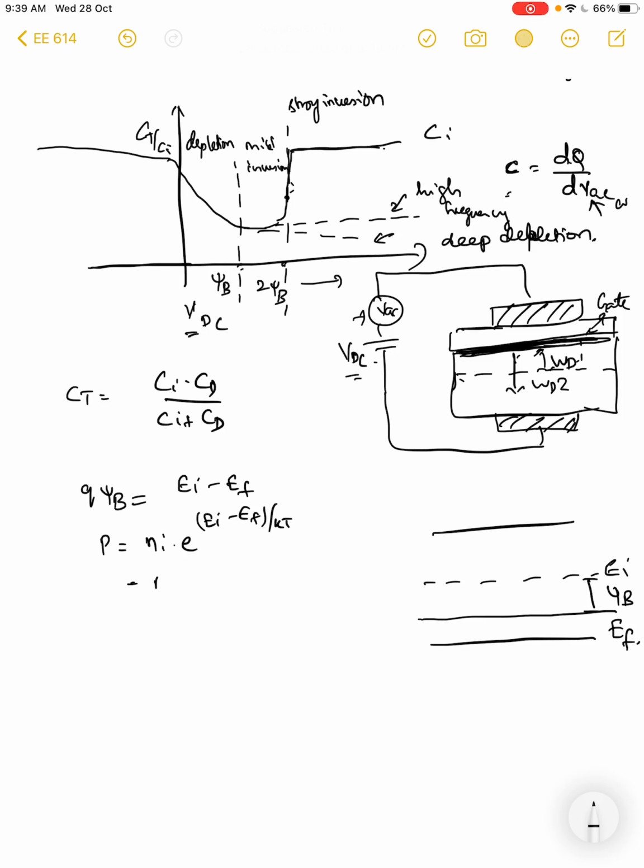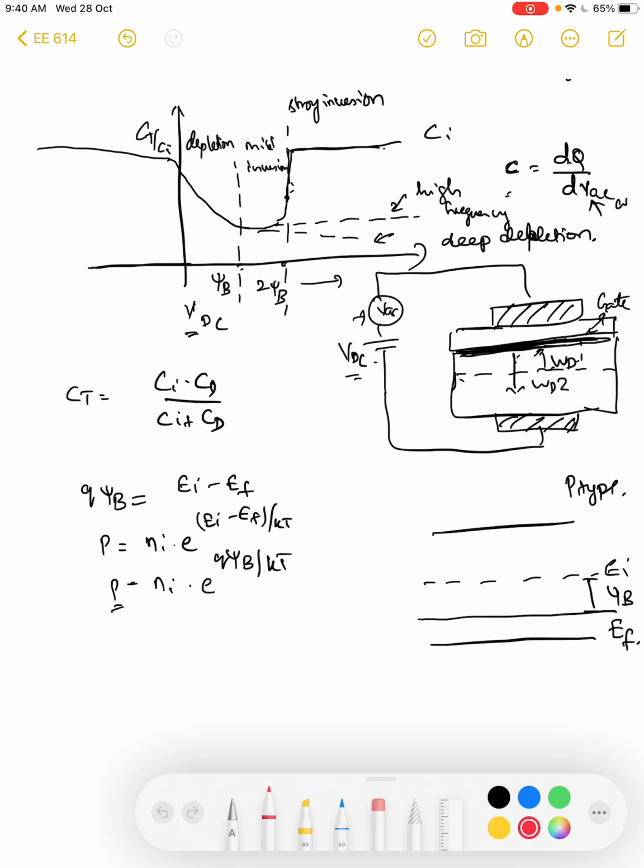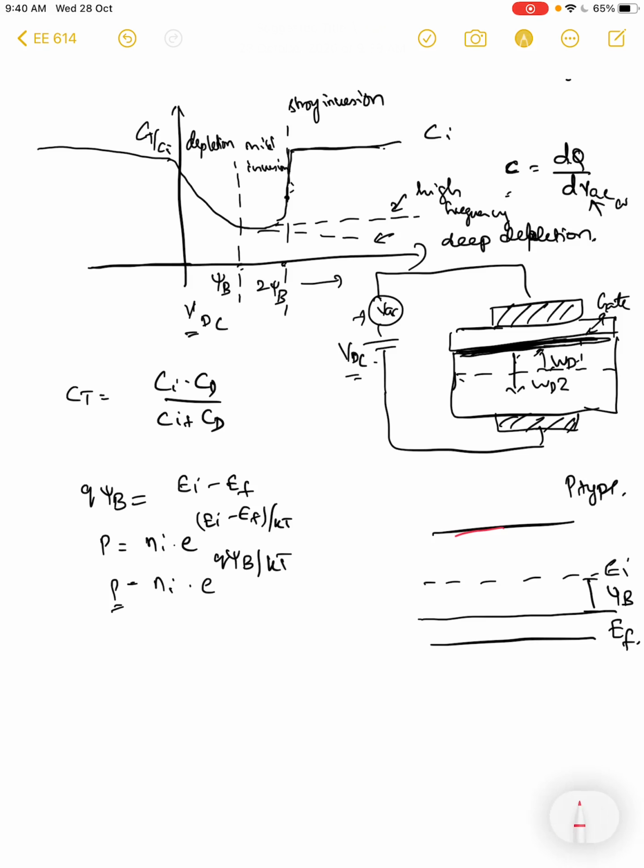And EI minus EF is e power Q psi b by KT. So this separation basically is a measure of the majority carrier concentration in the p-type semiconductor, right? Sorry. So now when I start inverting the channel, you will know that these bands have to bend down, right?